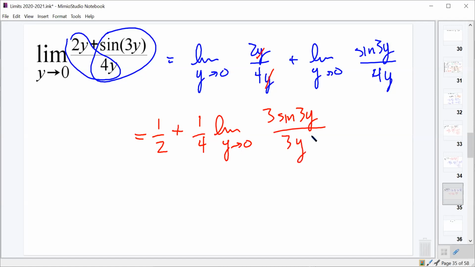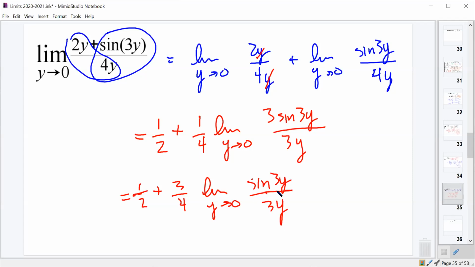Everybody good and following along with that? Next up, we'll pull the 3 that's in the numerator out, making that a 3/4. And then we've got the limit as y approaches 0 of exactly what we need in there, sine 3y over 3y, which is just 1. So we've got 1/2 plus 3/4 of 1, or 1/2 plus 3/4, which is 5/4.